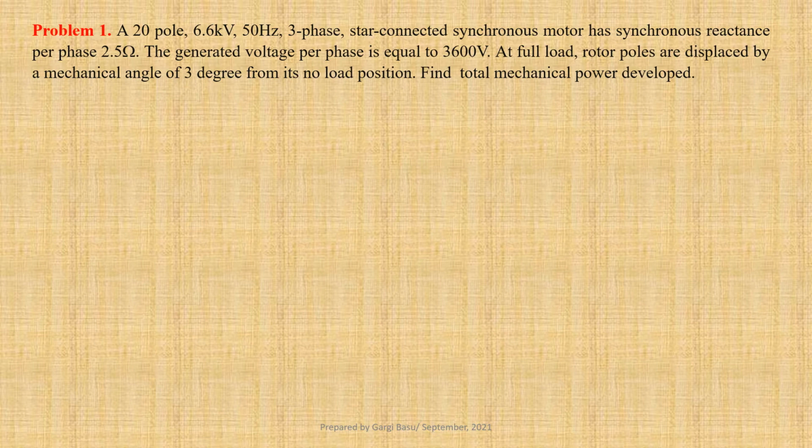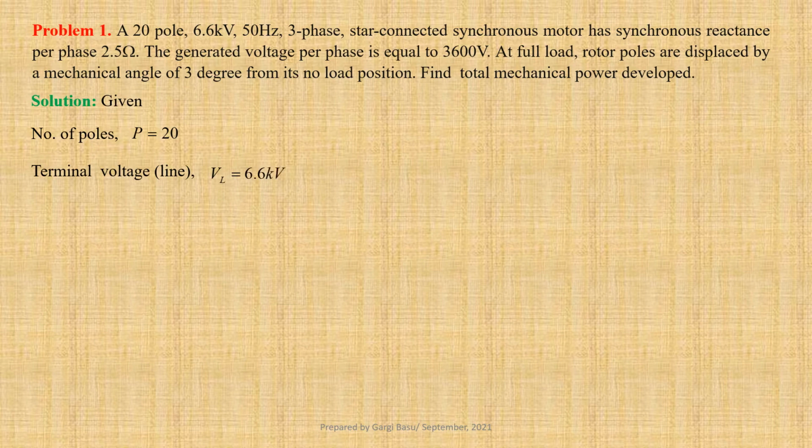Let us first write down the given data. Number of poles of the machine P equals 20. Line-to-line terminal voltage VL equals 6.6 kilovolts, that is equal to 6600 volts.